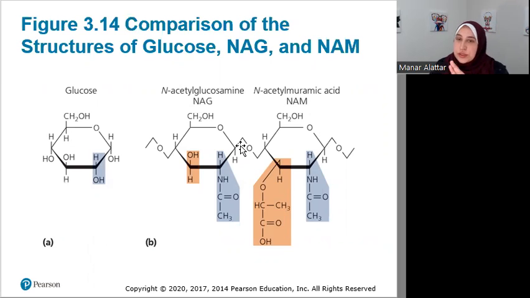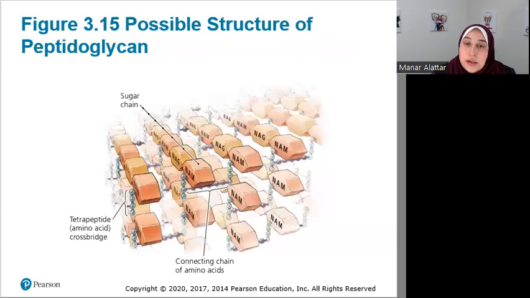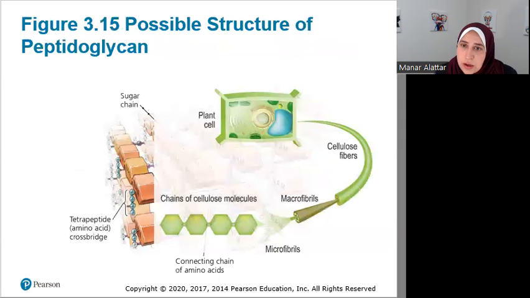And then these two subunits are connected to each other, a NAG to a NAM. And then those are connected together to form this whole series, which you see here, of sugar components that are all connected to one another to form a cell wall. Very similar, again, to plants, where we have chains of glucose that are connected to one another to form the cell wall of the plant.